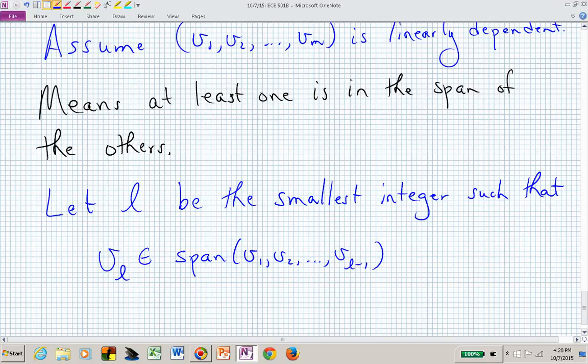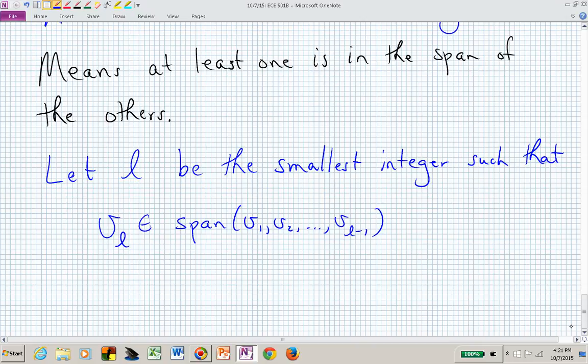So we know that one of these vectors, at least one, is in the span of the others. Now we're ordering those vectors such that when we walk through all of those vectors, v sub l is the first one that we come to that we can write in terms of the previous 1 through l minus 1. Is that clear?